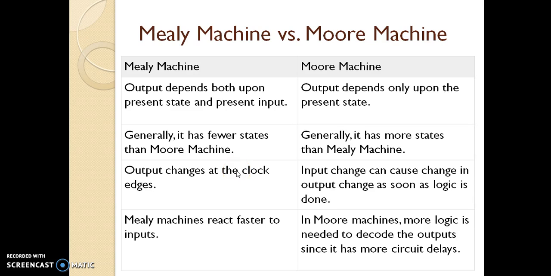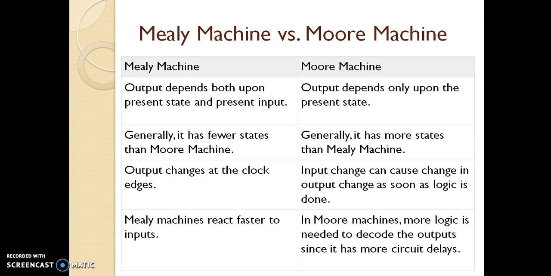In Mealy machine, output changes at the clock edges, whereas in Moore machine, input change can cause changes in output. Mealy machine reacts faster to the inputs, whereas Moore logic is needed to decode the output since it has more circuit delays.